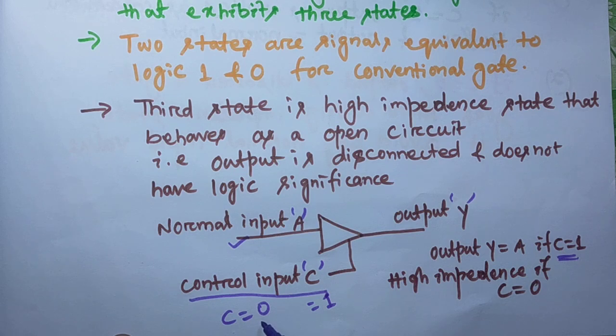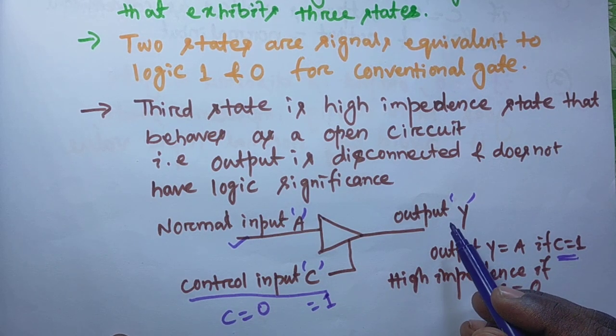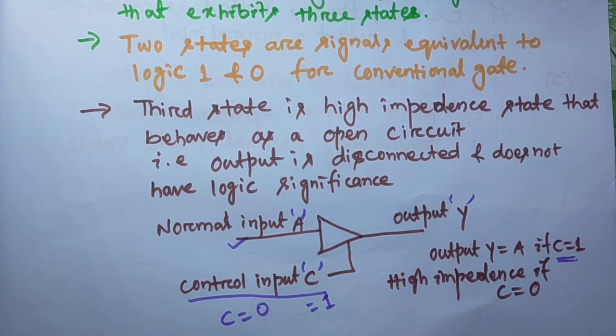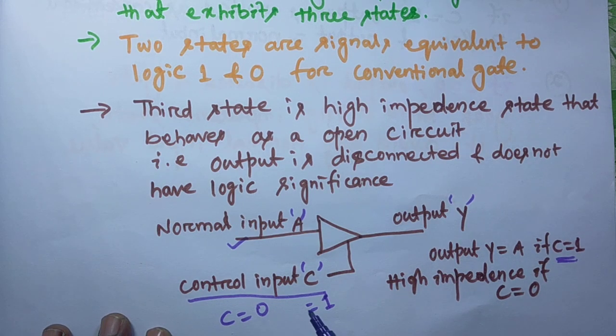If C is equal to 0, then there is no output we can get, because the output is disconnected from this circuit. So we can say it is an open circuit. If C is 0, there is an open circuit, we can't get output.